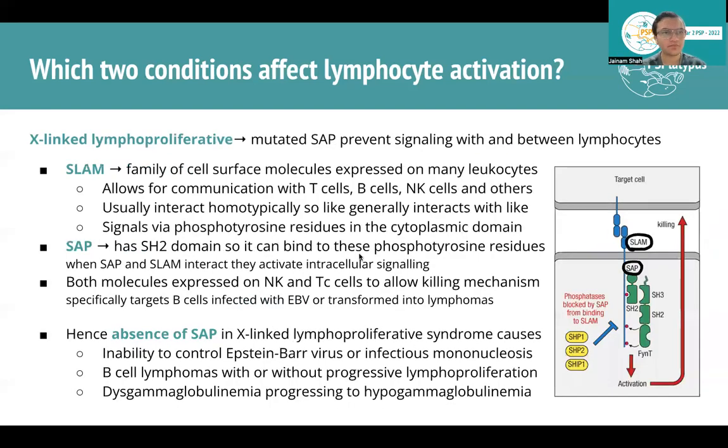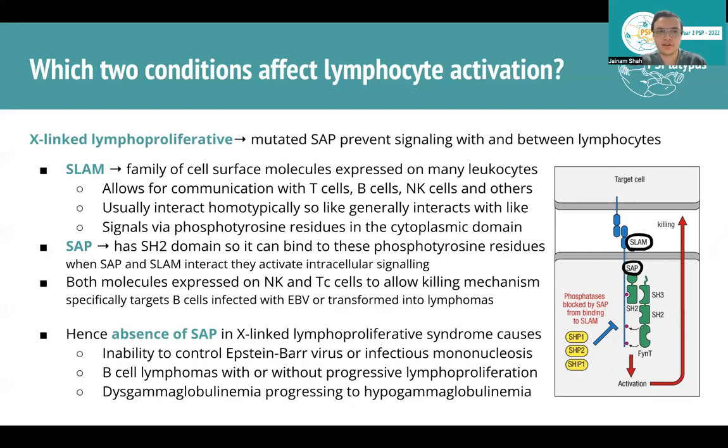The other type is X-linked lymphoproliferative condition, which is a mutated SAP gene, which prevents signaling between lymphocytes. So the lymphocytes are essentially unable to talk to each other. The background for this is to know just what SLAM and SAP are.